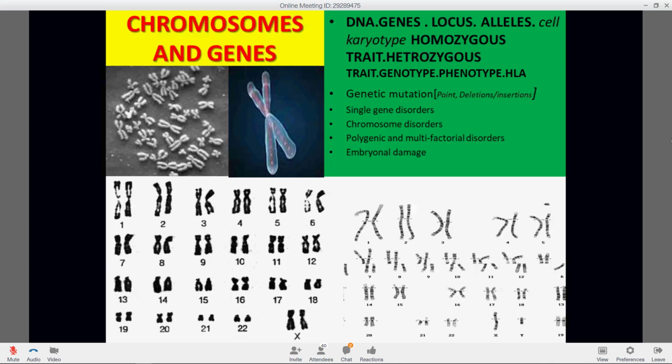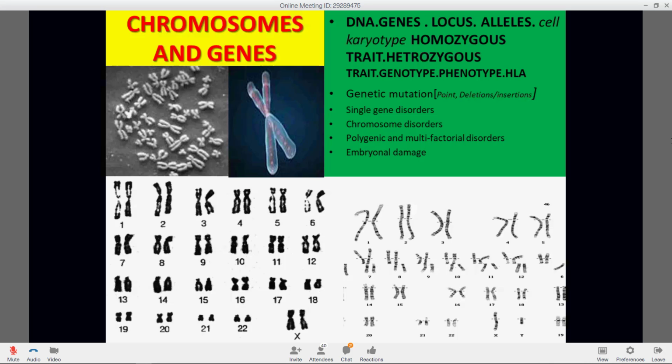The genotype is the total composition of the genes, and the phenotype is the expression of those genes.